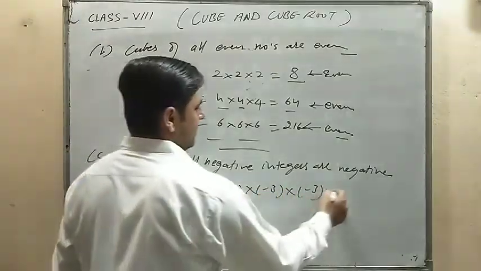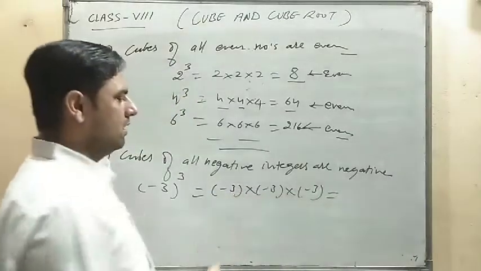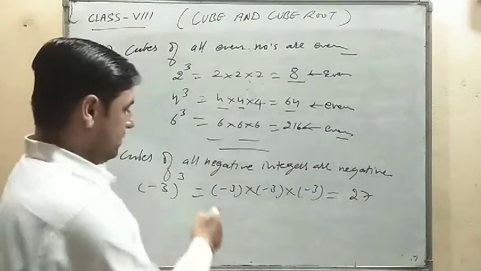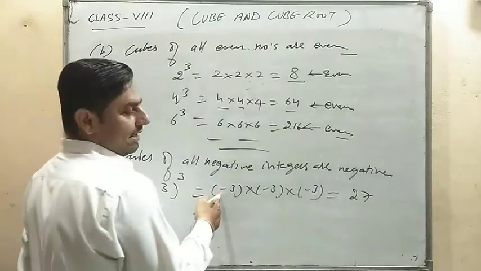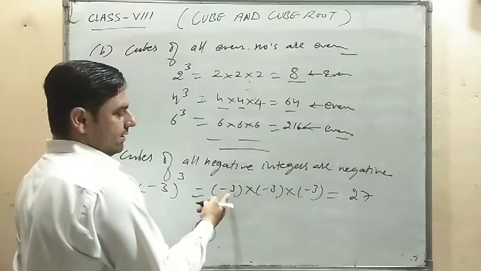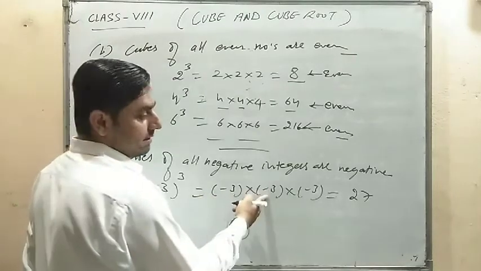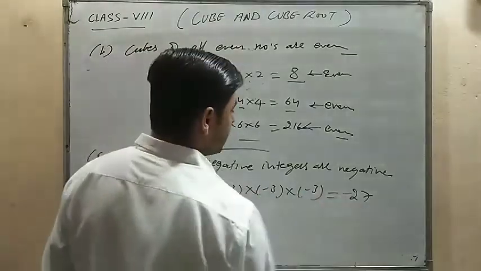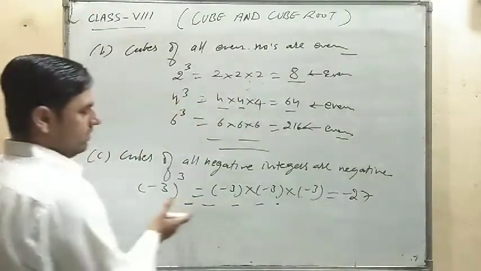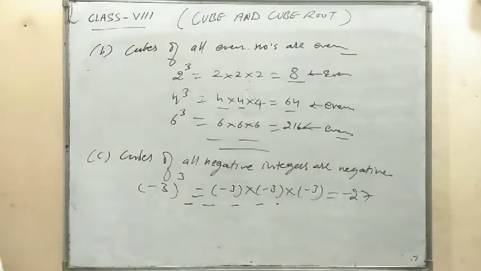You know very well 3 cube is 27. Now the negative sign: here 3 negative signs are given. Minus minus is plus, plus minus is minus. Okay. Similarly, you can do another example.